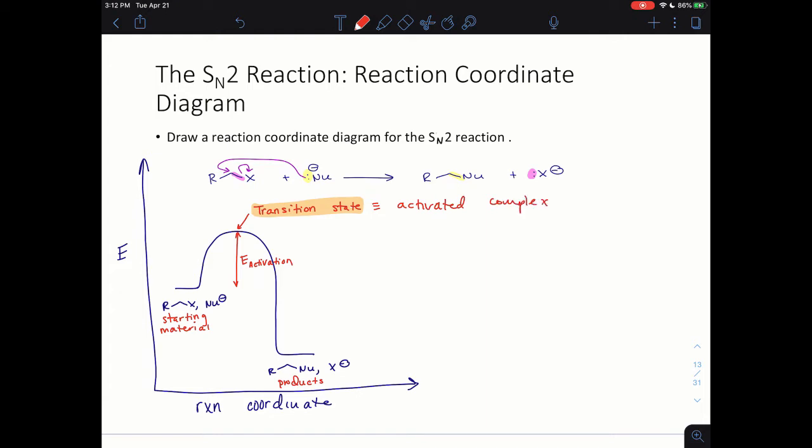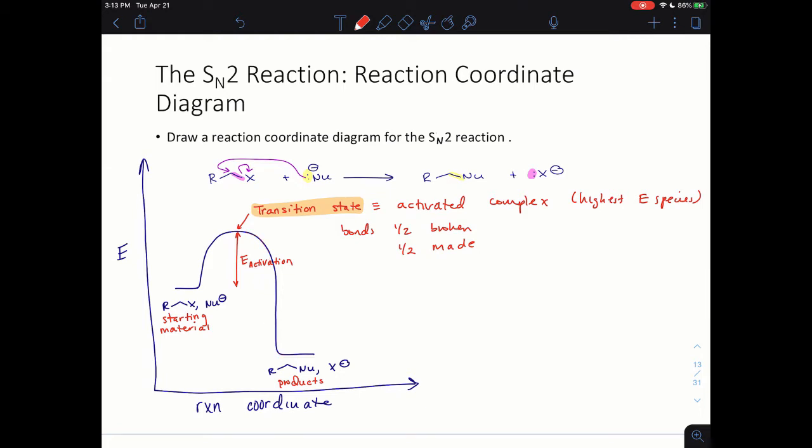In the activated complex, we expect that the bonds are half broken and half made. So whatever bonds are breaking in the starting material, those are half broken. And whatever bonds are being made in the product, they're half made. And again, it is the highest energy species along the reaction coordinate. And then we go down, down, down in energy until we get to the products.